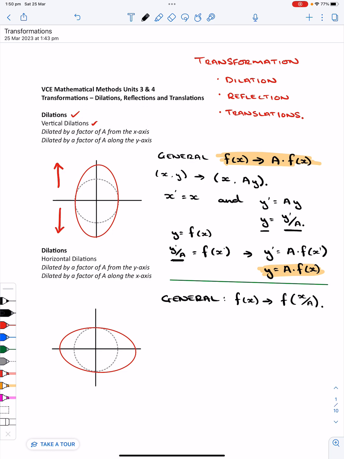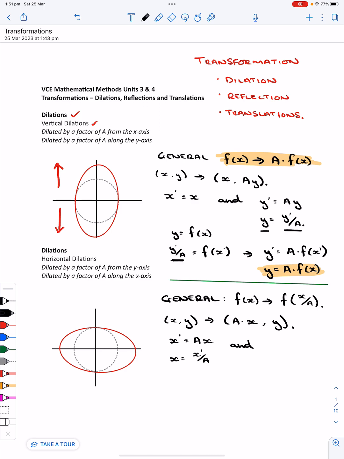So if we go back to our coordinates, essentially what we're saying is we start with x and y, and we're multiplying our x coordinates by a factor of a, but we're not doing anything to our y coordinates. So what we can say here is our x image is becoming ax, and I could write that in terms of x as x image on a.